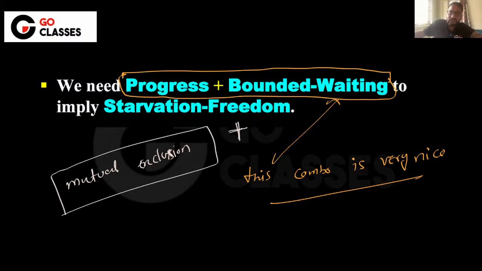Mutual exclusion says that at most one process will be entering the critical section at a time, and this combination will say that everyone will get a chance, right? So see, there is a very nice combo of these three: mutual exclusion, progress, and bounded waiting, right?